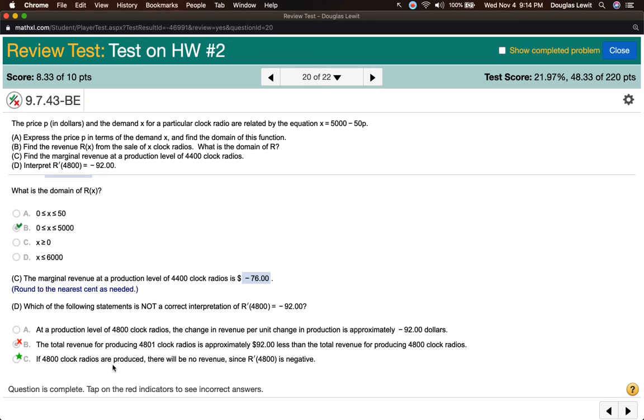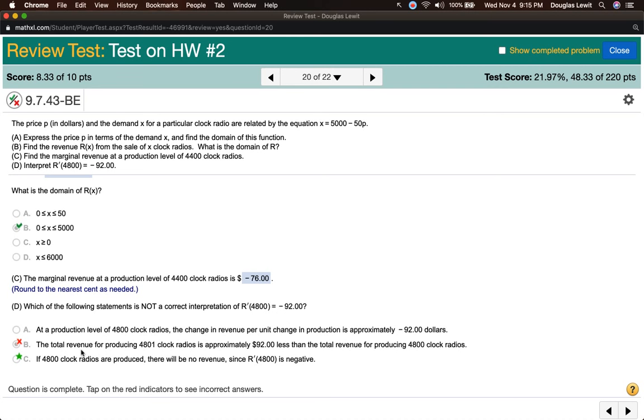What they really wanted was the answer to D. The answer to D is option C. If 4,800 clock radios are produced, there will be no revenue since the derivative at 4,800 is negative. I kind of agree with that statement, but they're saying that that's not a correct interpretation of this derivative.